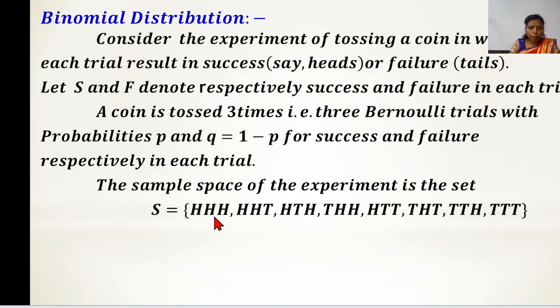Therefore, the sample space of the experiment, if we toss a coin 3 times, is the set S equal to: 3 times head, next 2 times head and 1 time tail, head, tail, head, then tail, head, head, next head, tail, tail, tail, head, tail, tail, tail, head, and the last possible outcome is 3 times tail.